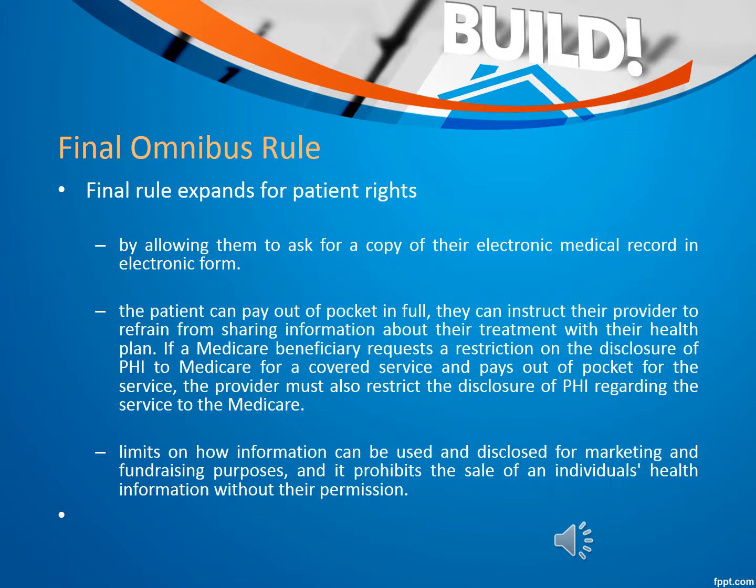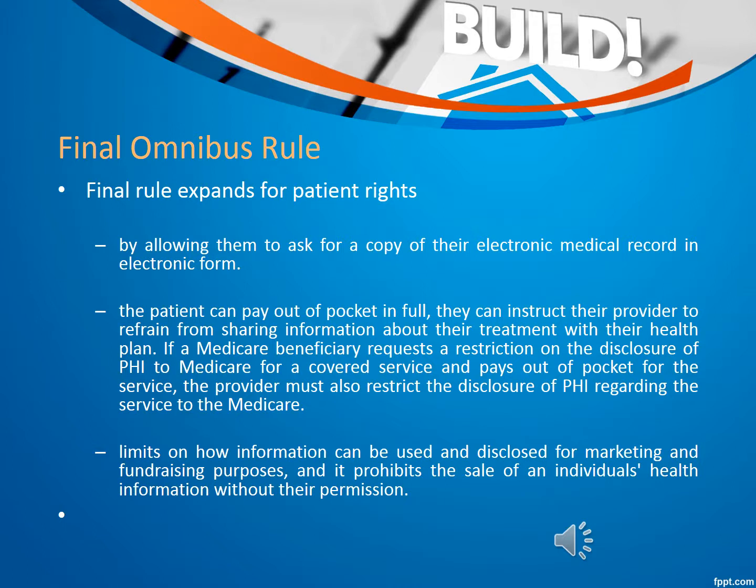The final rule expands patients' rights by allowing them to ask for a copy of their electronic health record in electronic form. The patient can pay out of pocket in full. They can instruct their provider or their doctor to refrain from sharing information about their treatment with their health plan or insurer.